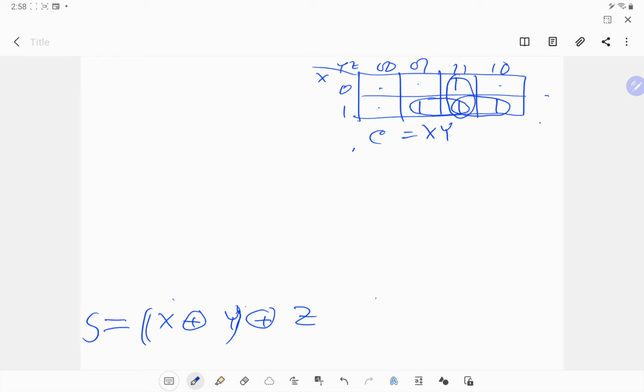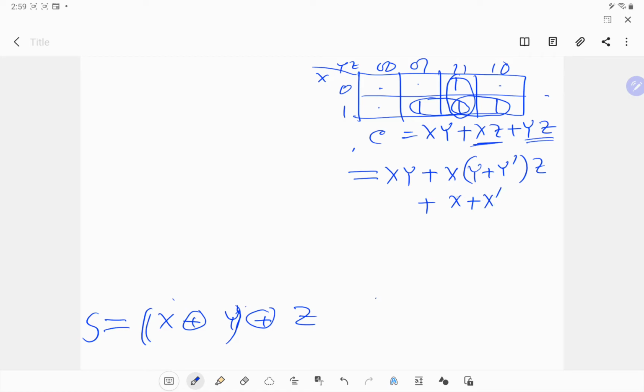So xy plus xz plus yz. We try to simplify it in some way, and we write xy. Here y is missing, so we can write x y plus y' z, plus x is missing there, so we can write (x + x') times yz.